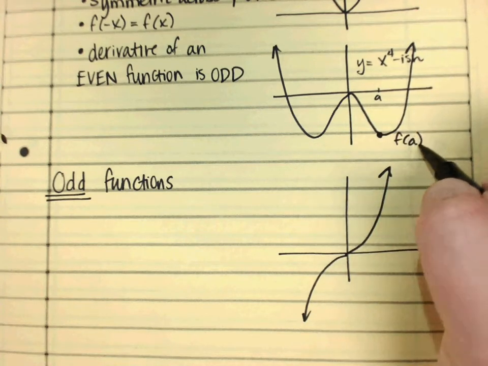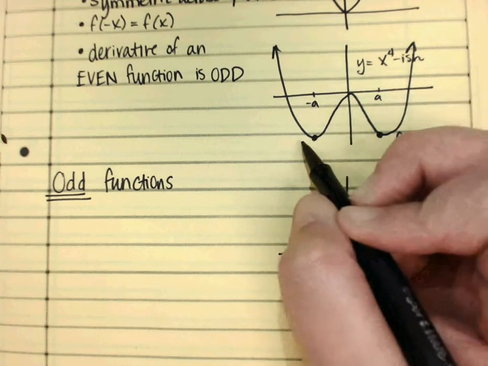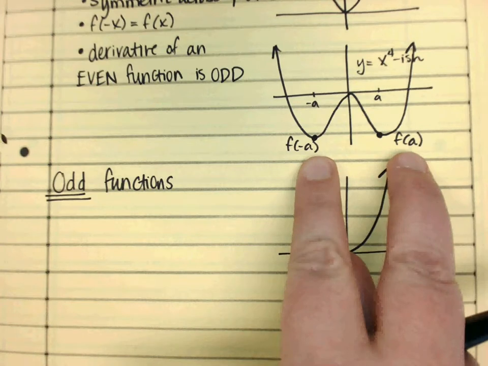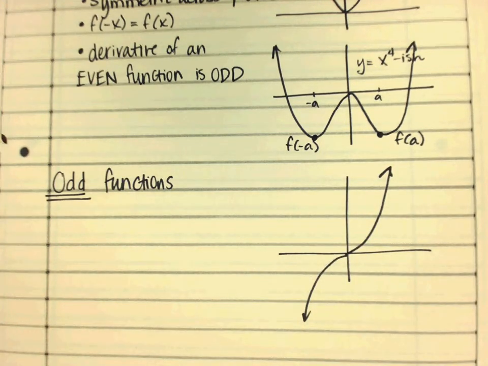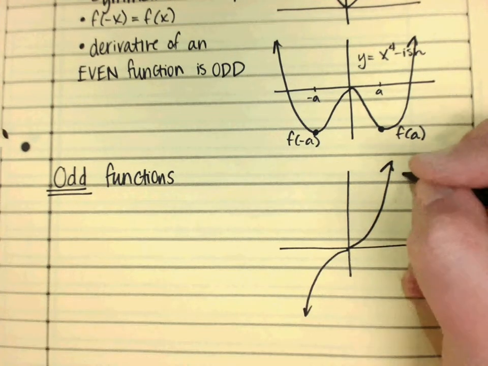Then what do you notice about f of negative a? They would be the same. They'd be equal. Okay, so that should be true if it's an even function. That should be true for literally every possible point on the graph. Okay? Now, for an odd function, we're using y equals x cubed.